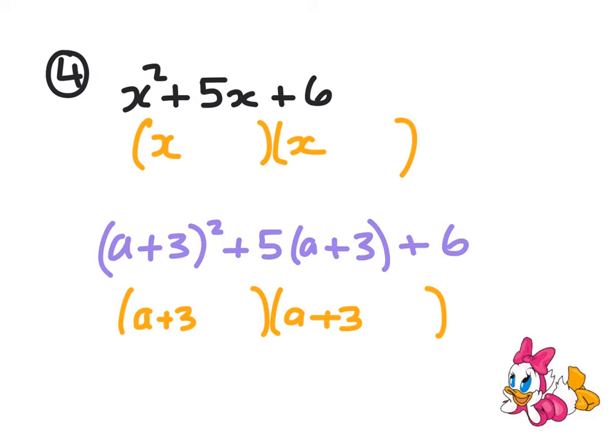Now, if you take the second value from your brackets and bring that down, and the second value here, bring that down, and then tidy the brackets up, you'll get the second answer.